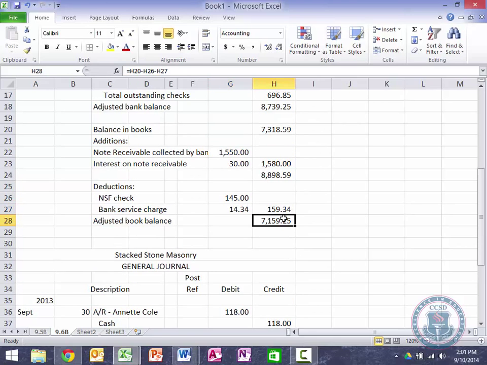So now we have to change this first formula we did, because we're actually going to move this one down. We're going to say this number right here minus that. We can actually get rid of this middle one. And look, these two balance.